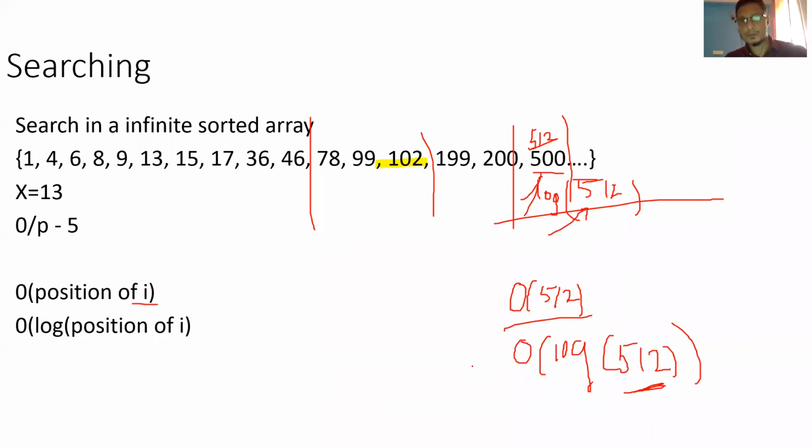It is position of I because we cannot take n. N is not here. That is the reason we have to consider the position of I. I think that is clear.